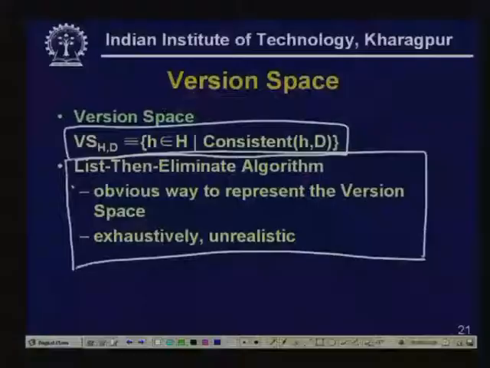Then, as we take training examples one at a time, we throw out all the hypotheses which are inconsistent with that training example and then we continue. This algorithm is very simple to describe, but it is unrealistic, because for any reasonably complex hypothesis, the hypothesis space is really large and it is not practical to store all the hypotheses.